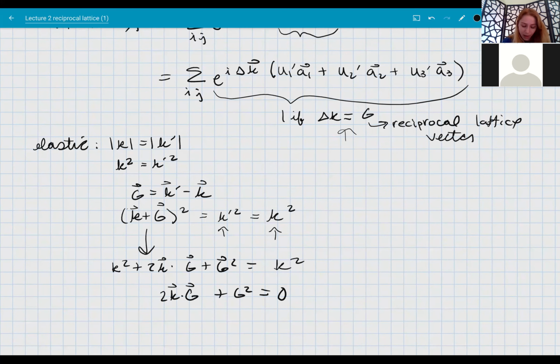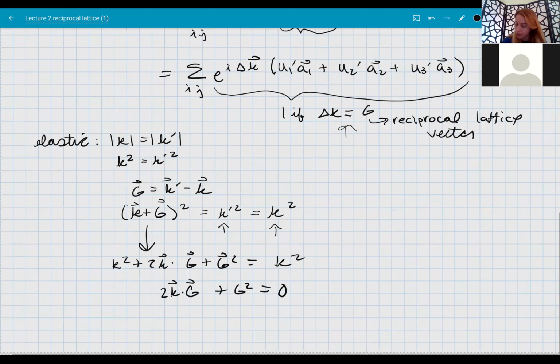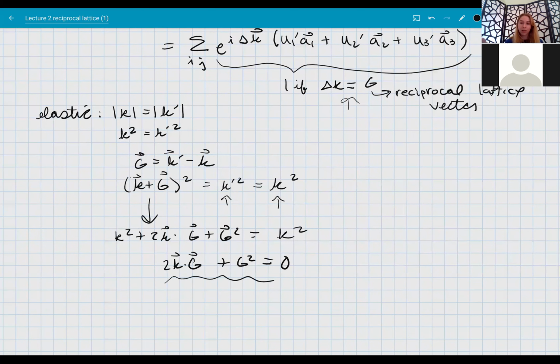This is one compact way to state the condition where you have constructive interference in terms of the reciprocal lattice. We can also write this expression as 2k dot g is equal to g squared, as opposed to minus g squared.